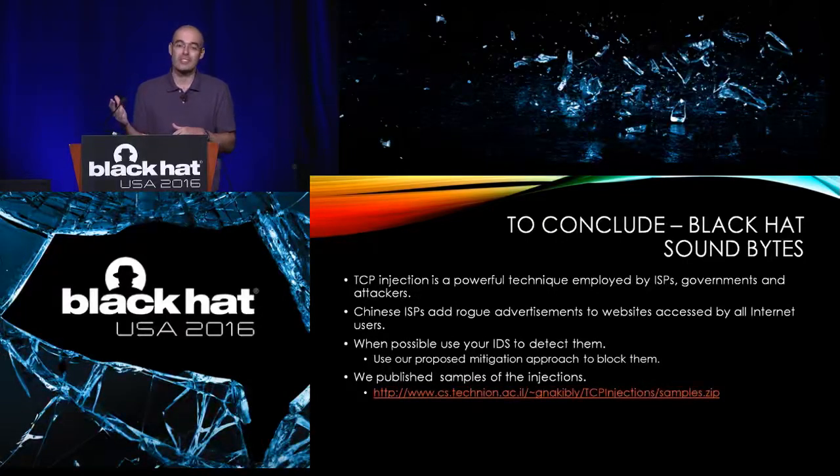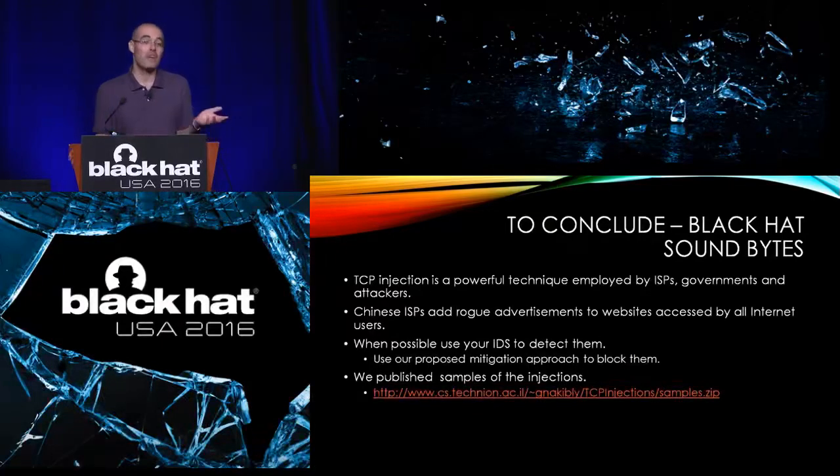We learned that Chinese ISPs add rogue advertisements to websites accessed by all internet users, not only the Chinese users. And when possible, use your IDS to detect those injections. As you've seen, detection of injections is pretty straightforward. And if you want to block those injections, you can use our proposed method.